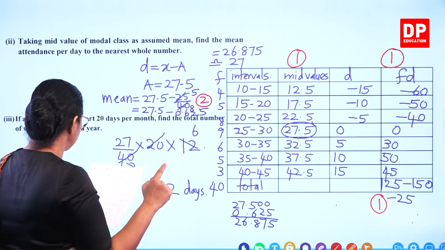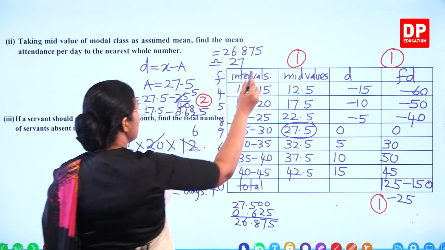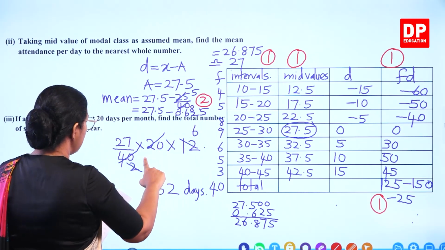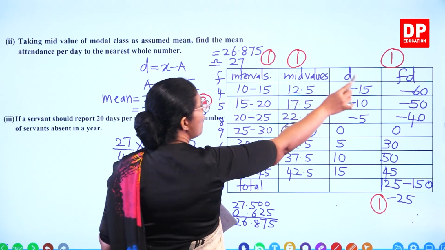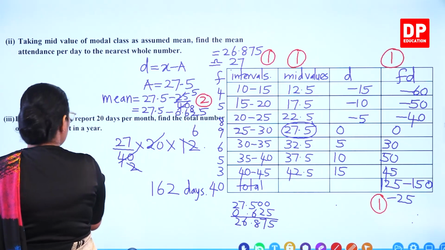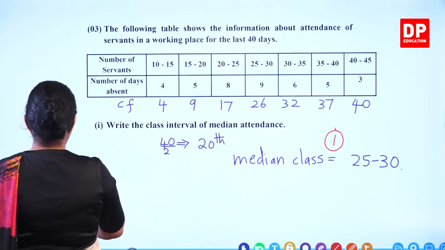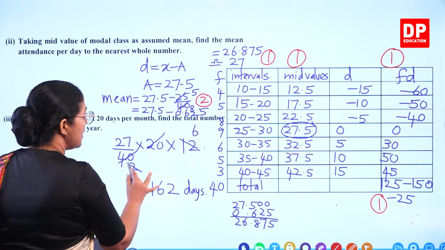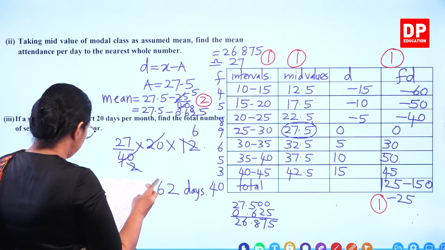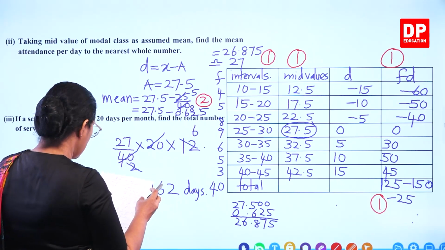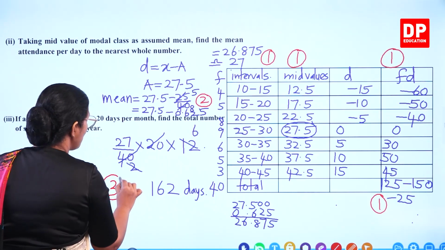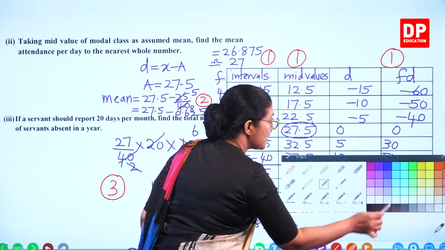And we'll give 1 more mark for rounding. And here 2, 3, 4, 5, 6. And we gave 1 mark before, 7. So 3 marks for the last part, 162. So altogether 10 marks for this question.